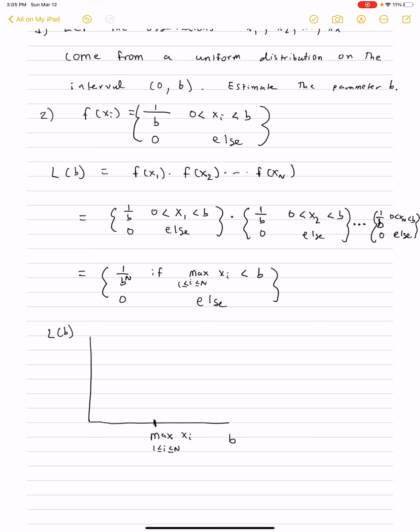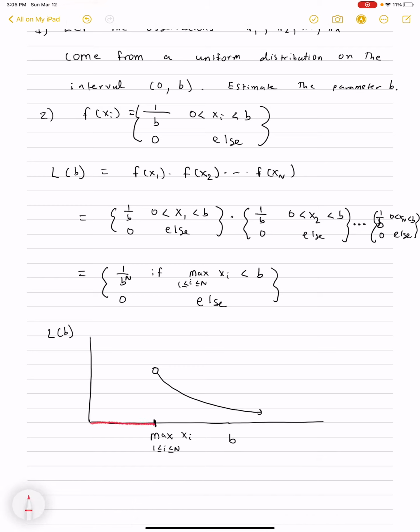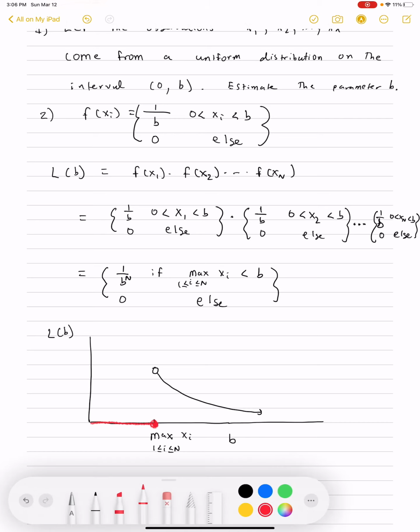So it's going to be something like this, and then it's going to go down as 1 over b to the n. Let's draw that a little nicer. And otherwise, it's going to take on the value of 0. So that is the graph of our likelihood function.